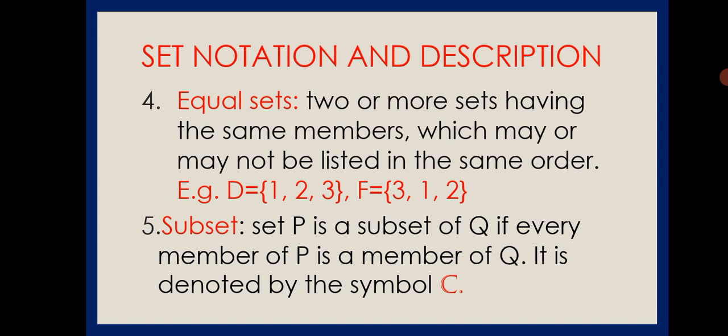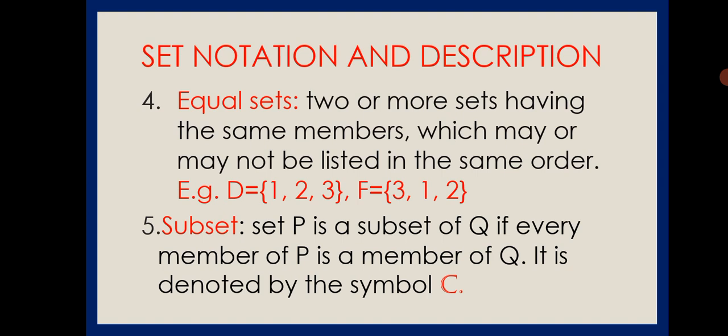For the second set, which is F, it begins with 3, 1, and 2, meaning it is not listed the same as D. But at the end, the members of set D are the same as the set F. So therefore, we will say that they are equal sets since the members are the same.